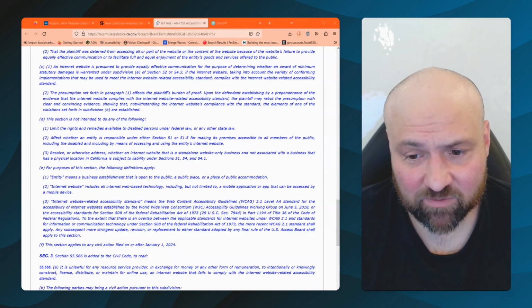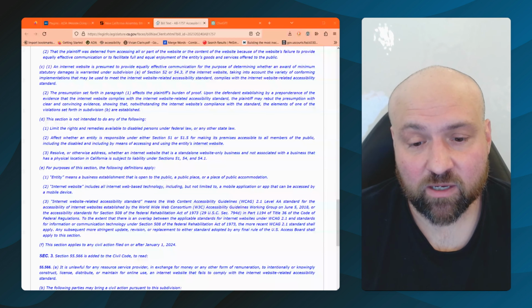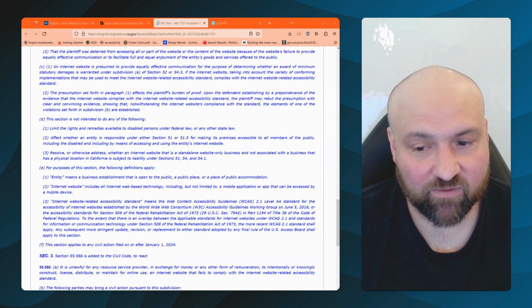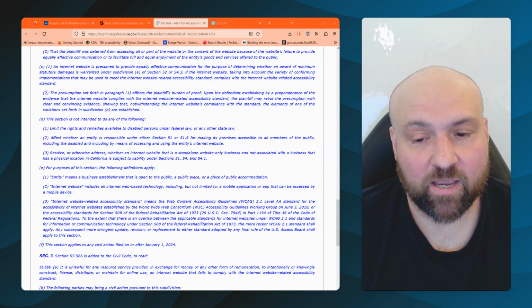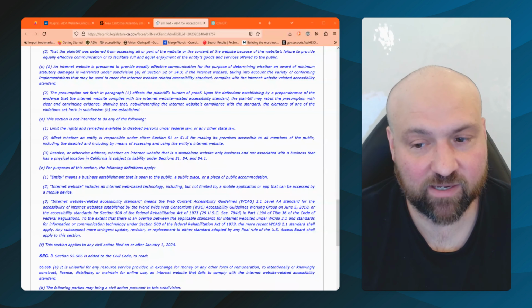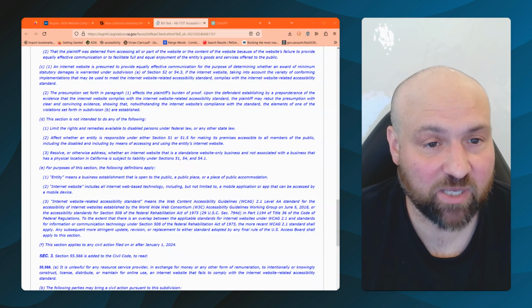So this, as Seyfarth Shaw said in the title, really is favorable to plaintiffs and plaintiffs' law firms. It's effectively requiring conformance with the Web Content Accessibility Guidelines 2.1 AA. And so that's really the best practice, and that has been the best practice.